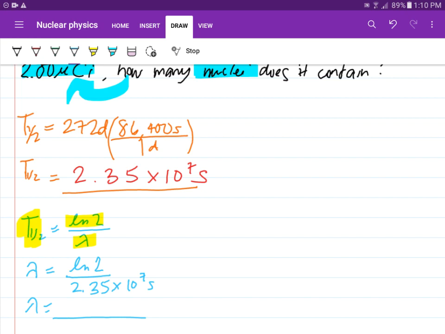Performing the calculation, the decay constant is 2.95 times 10 to the minus 8 per second. So this is the answer to the first question.